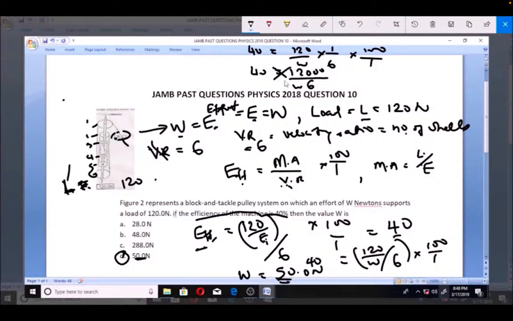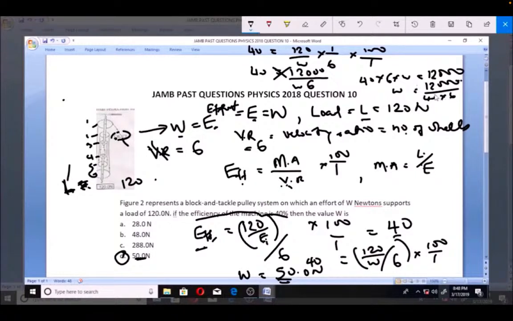So when you cross multiply, you have 40 times 6 times W is equal to 12,000. Make W the subject, so W is 12,000 all over 40 times 6. If you cancel out, you get 50.